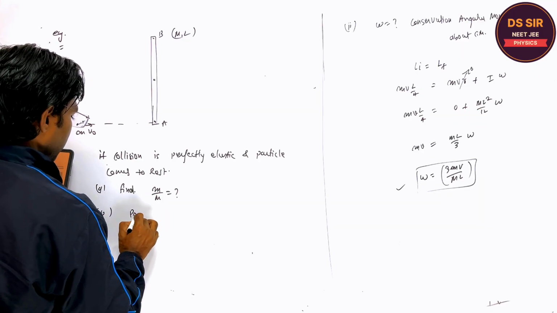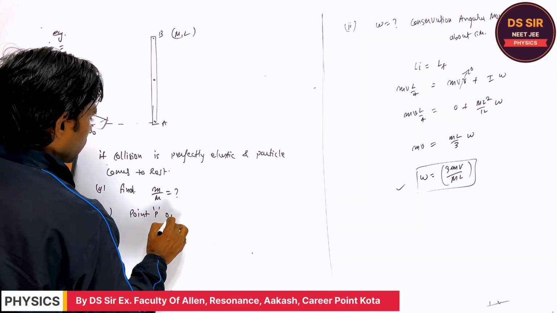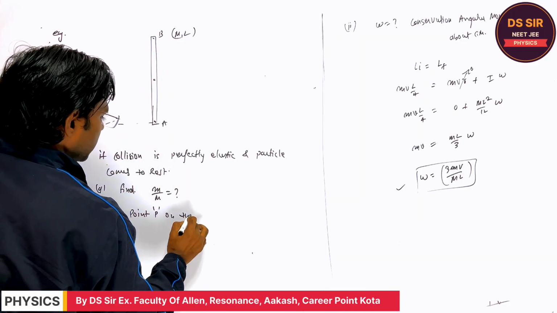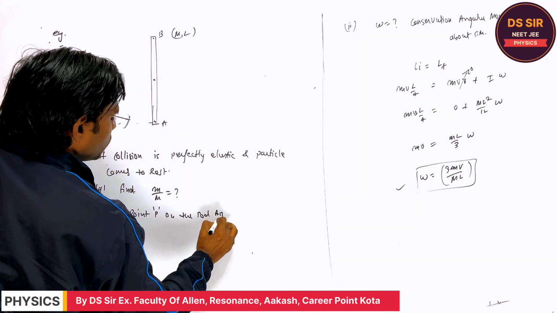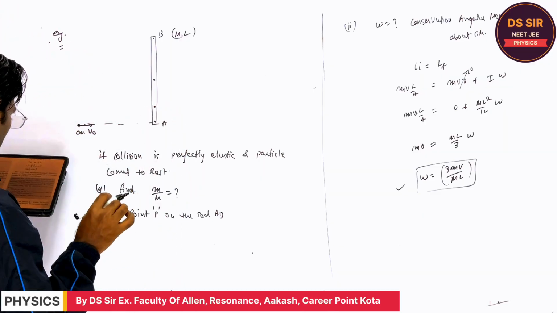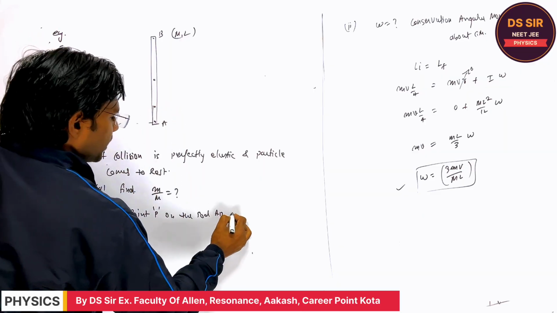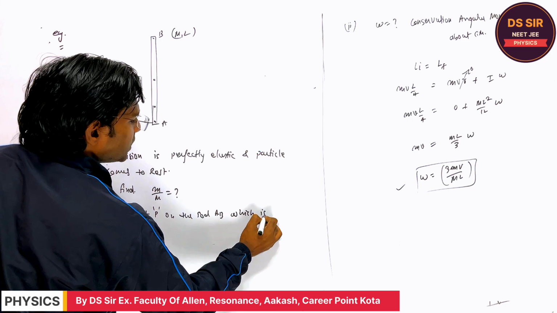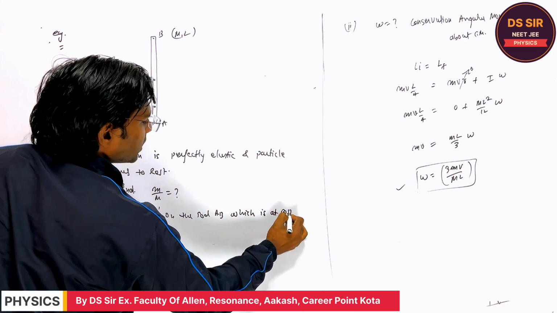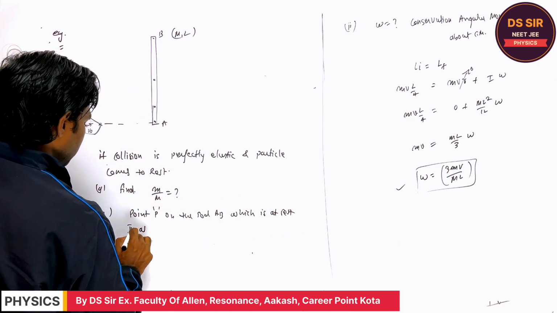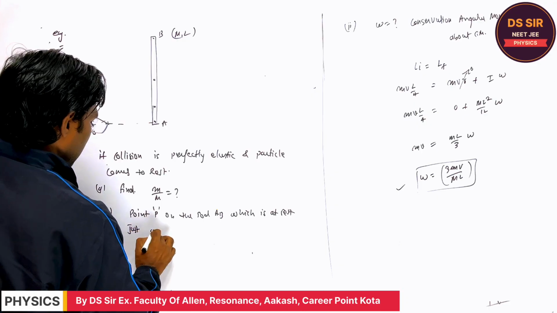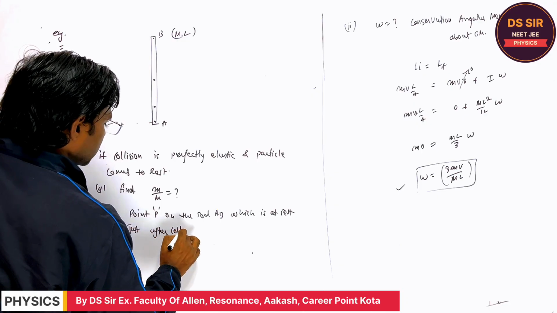Find the position of point P on the rod AB which is at rest just after collision.